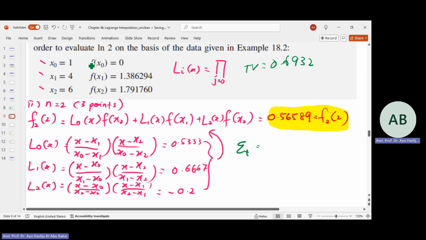Let's take 0.6932. So find your true error for both orders. You can see when you have more data points, the error is lesser.